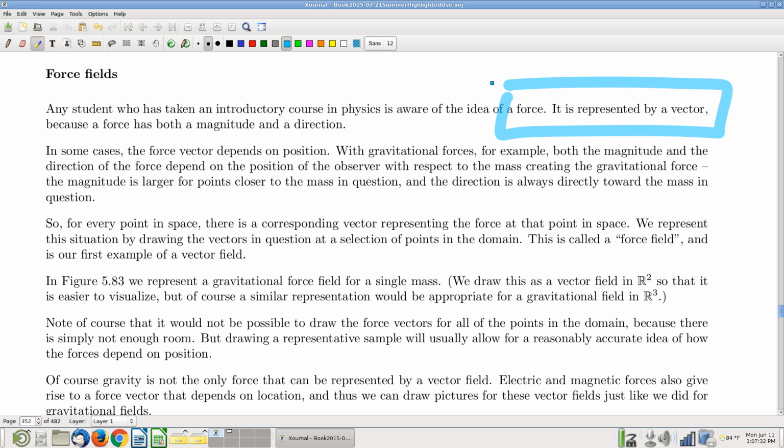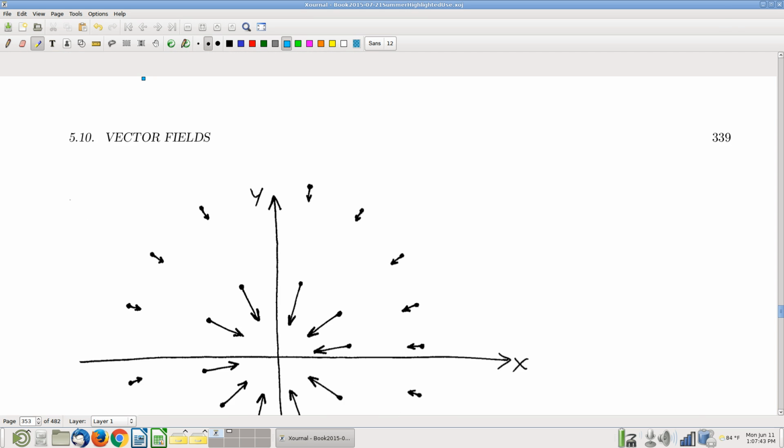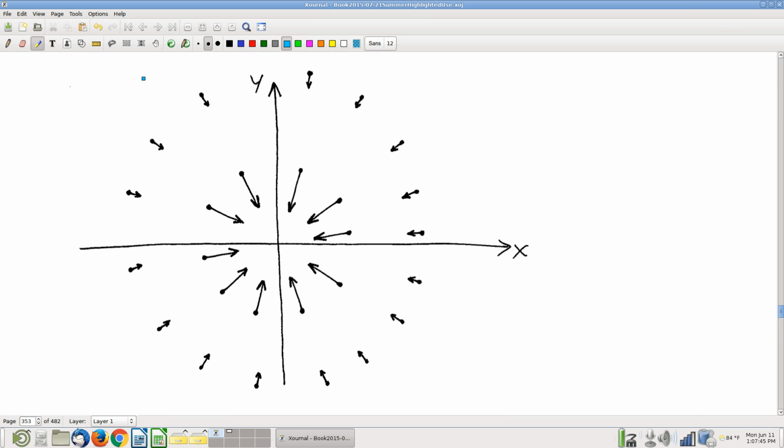The idea of a force field is that it says, well, let's think about how this force applies at various different locations. So let's talk about gravity. This is what a gravitational field looks like. Let's say here's the Earth. Well, if you're there, there's a certain amount of force. If you're here, that's a different location.